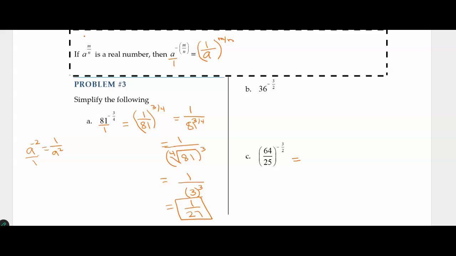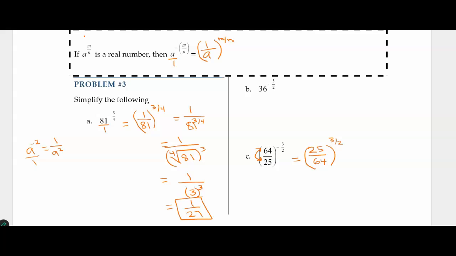And so remember, I'm just flipping the base. So my base is 64 over 25. So when I flip that, I have 25 on the top, 64 on the bottom, and now that's all going to be raised to the 3/2 power. Right? It was negative before, and now changes to a positive because we flipped it.